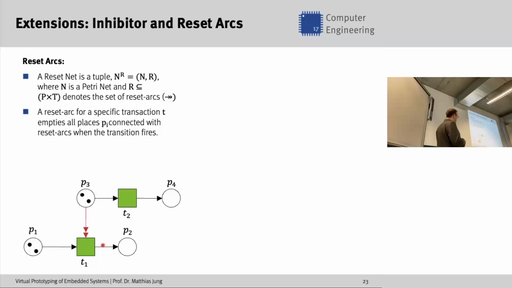So if this transition fires, then it will remove the tokens from the place that is connected to this transition with the reset arc. So I just simulate that. So here we have the weight of 1. So if I fire now T1, then this token is consumed and goes over there. And because of this firing, we will also remove these tokens, and then also this here will be disabled.